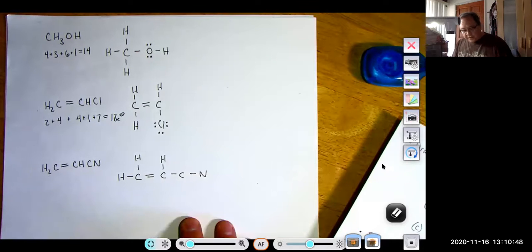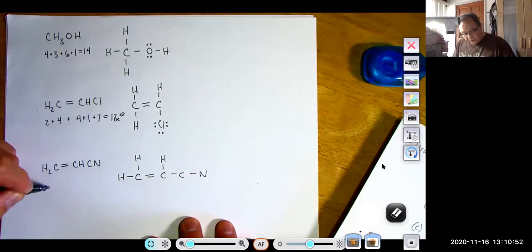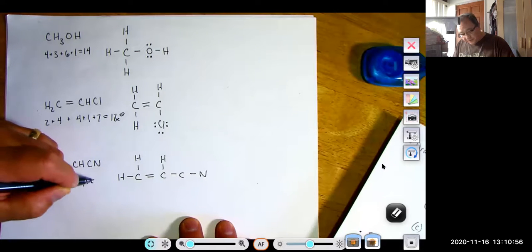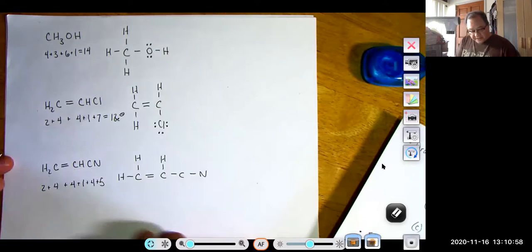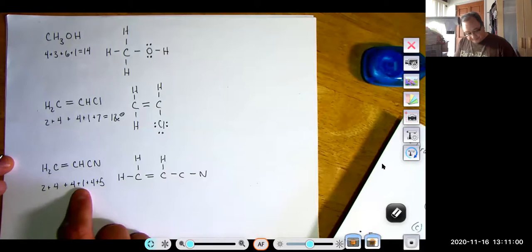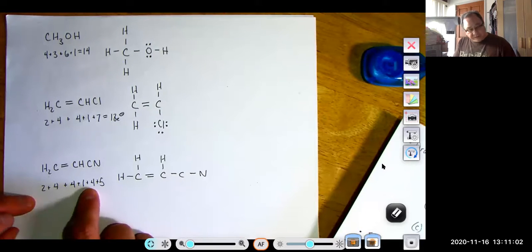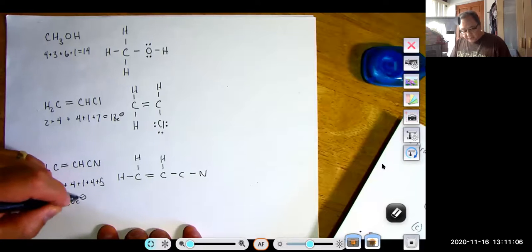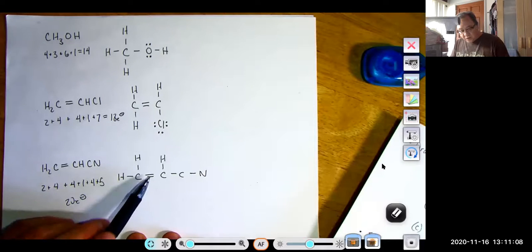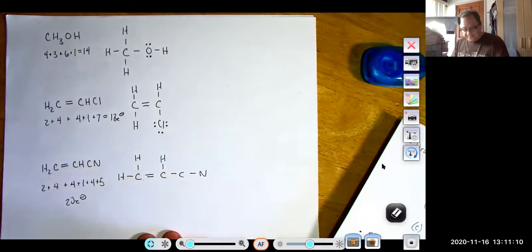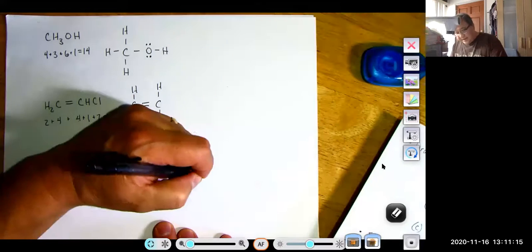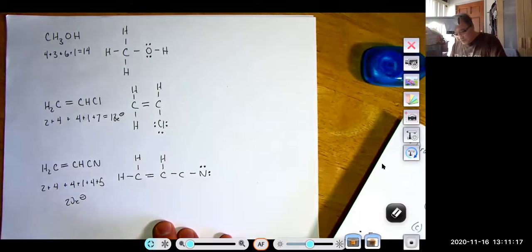Now, when we start putting electrons in, we find out that we have 2 plus 4 plus 4 plus 1 plus 4 plus 5. So that's 10, 11, 14 or 15 and 20. So we've got 20 electrons. And here we use 2, 4, 6, 8, 10, 12, 14, 16, 18, 20.